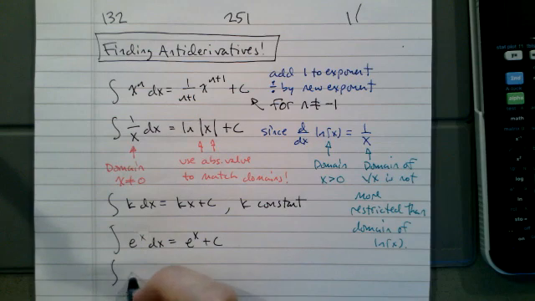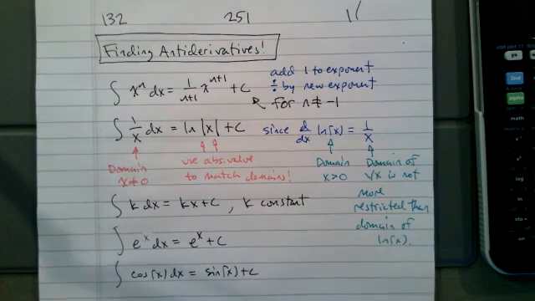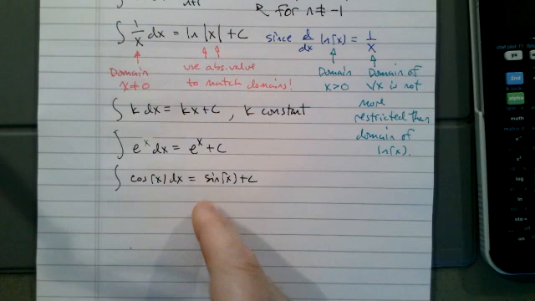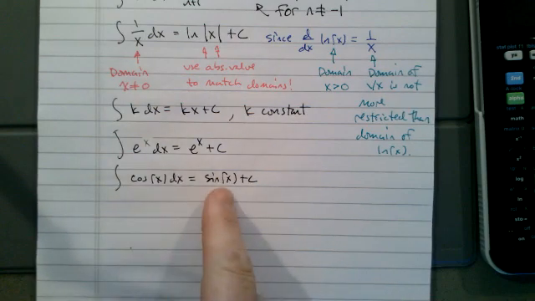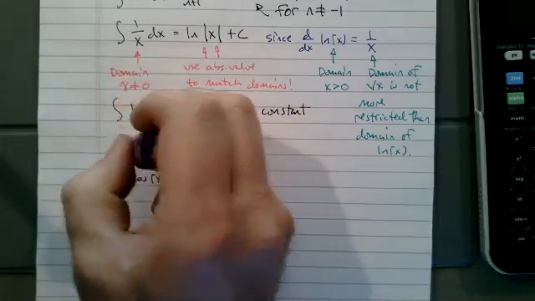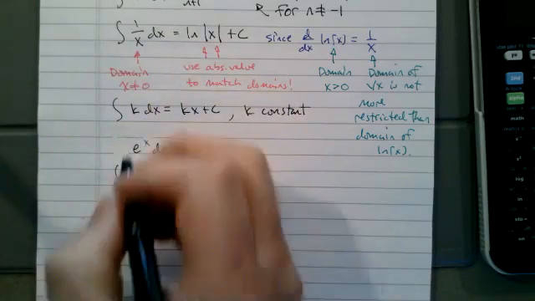The integral of cosine x dx is sine x plus c. So note that the integral of cosine is sine. The derivative of sine is cosine, so the integral of cosine is sine. That's why there's no negative on the sine. We're not doing derivatives, we're doing antiderivatives. And so it's reverse.